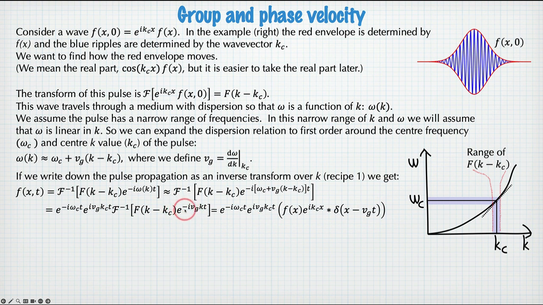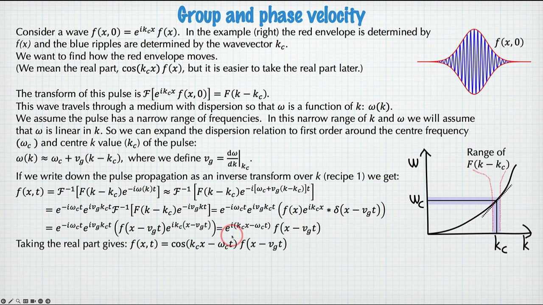So this e to the i Vg k t gives us this delta function convolved with this phase shifted f of x shifted in kc. Evaluating this convolution will give us this expression. We get some cancellation here. This group velocity term here, Vg, cancels with this one over here. And finally we get this expression here.